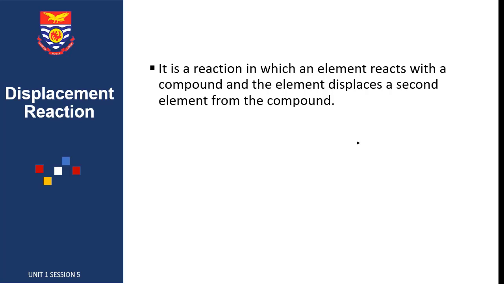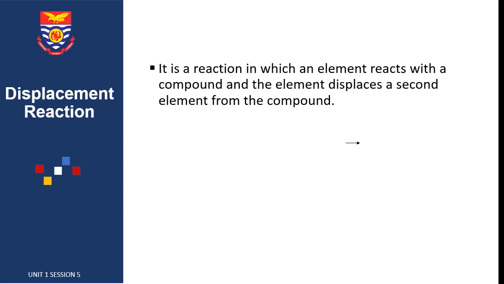Let's look at our first objective, that is displacement reaction. It's a reaction in which an element reacts with a compound and the element displaces a second element from the compound. In other words, in such reactions, you will have one element standing at one side and then reacting with a compound. And as the name goes, there is a displacement.